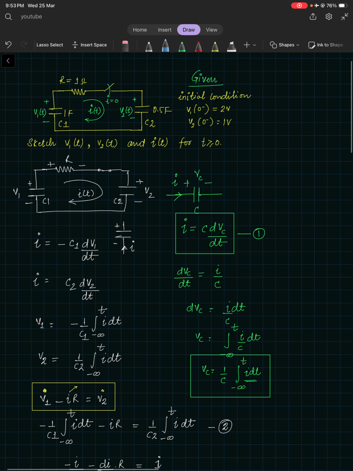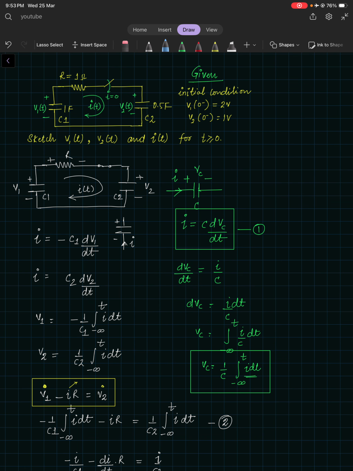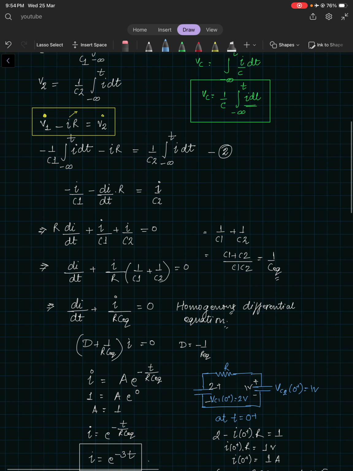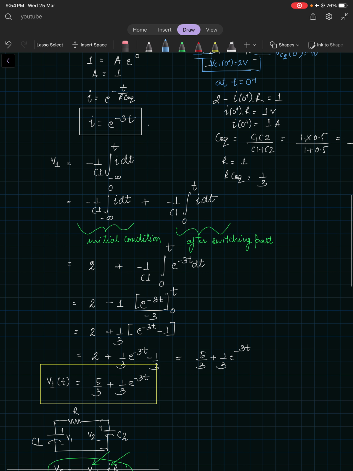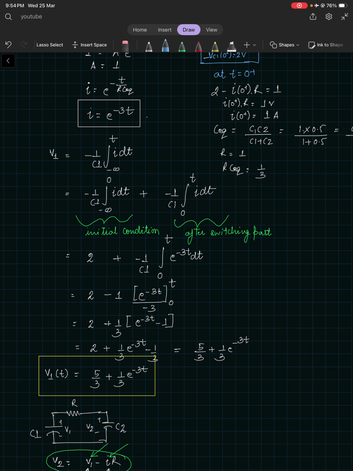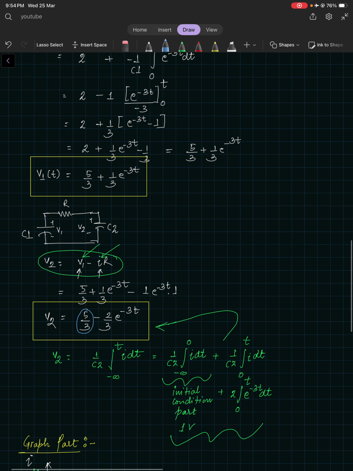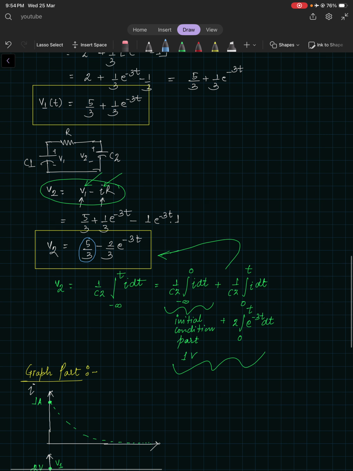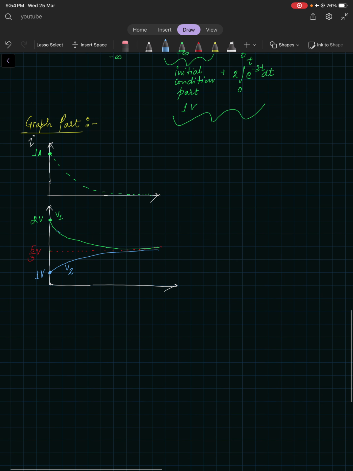Here you solve the KVL, then you solve the integral equation, then the differential equation, and you apply all those initial conditions, and then you get the final complete solution for v1, v2 and i. You'll get the response like this.